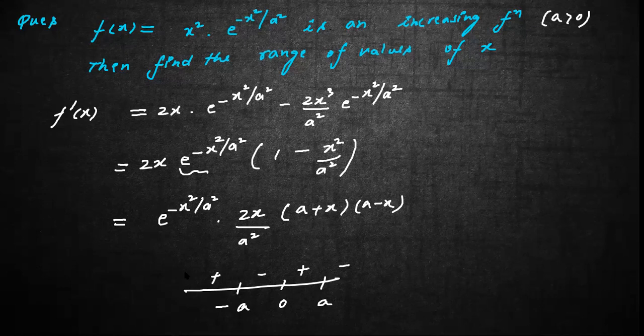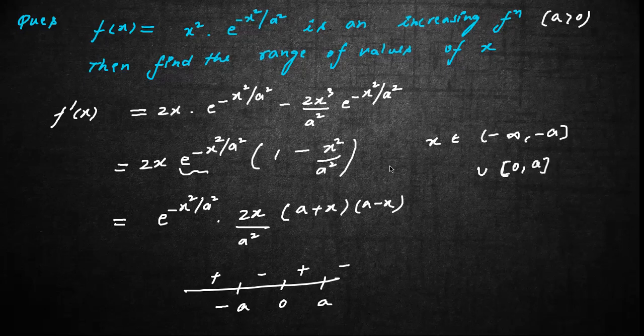We have to find out the values of x where this is increasing. So clearly, when x belongs to minus infinity to minus a union 0 to a, the function is increasing.